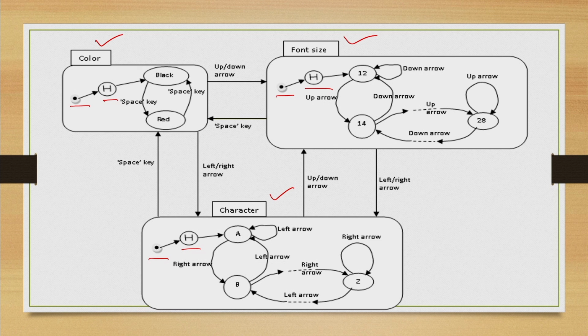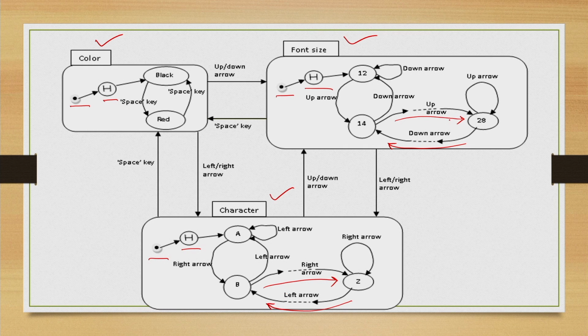Now, one thing may be noted here: in the font size superstate and the character superstate, we have used some state transition networks with dotted lines. This is not part of the convention. So, typically this is not used in state chart notation.